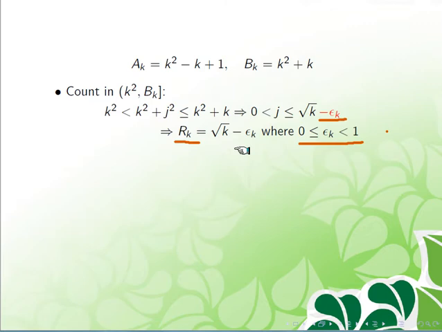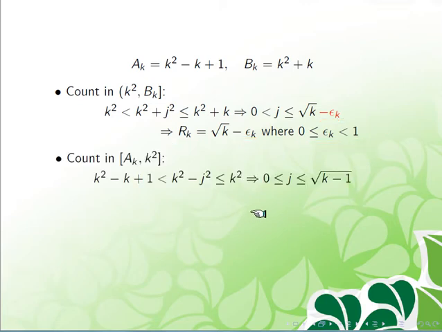So rk is an integer obtained by subtracting a small quantity between 0 and 1. K can be a perfect square itself, so sometimes this epsilon k is 0. By subtracting a small amount, we turn this right bound into an integer, which I call rk, r representing the right side.